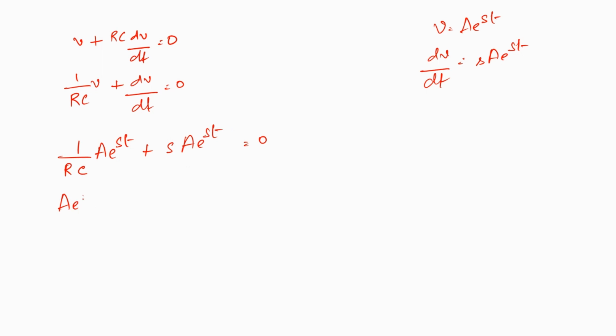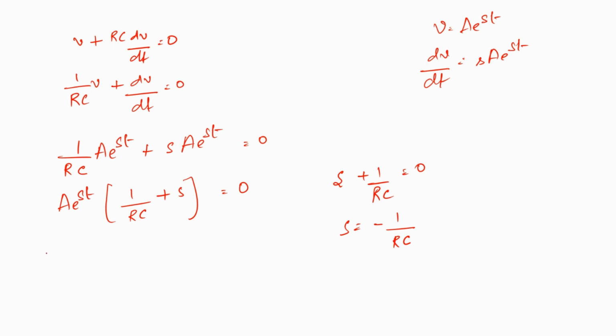Here, let me take A e power st common, and what I get here is 1 by RC plus s is equal to 0. Now, having obtained this, we can say s plus 1 by RC is equal to 0. Therefore, s is equal to minus 1 by RC.